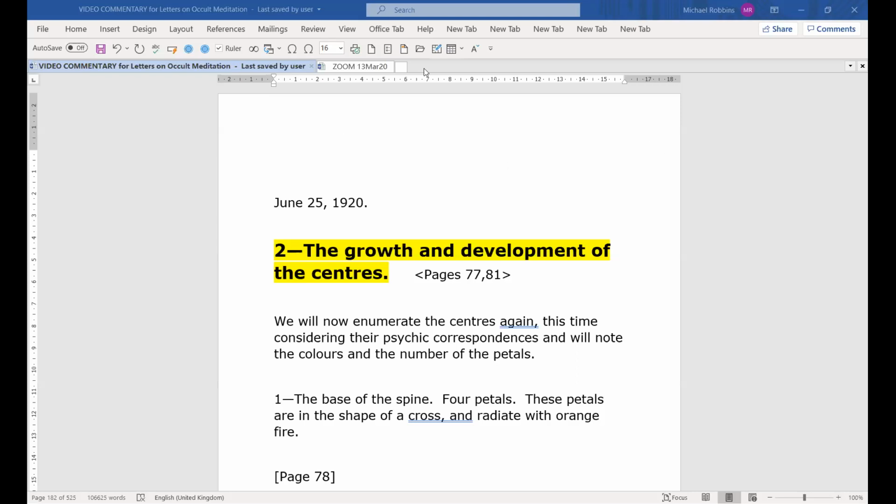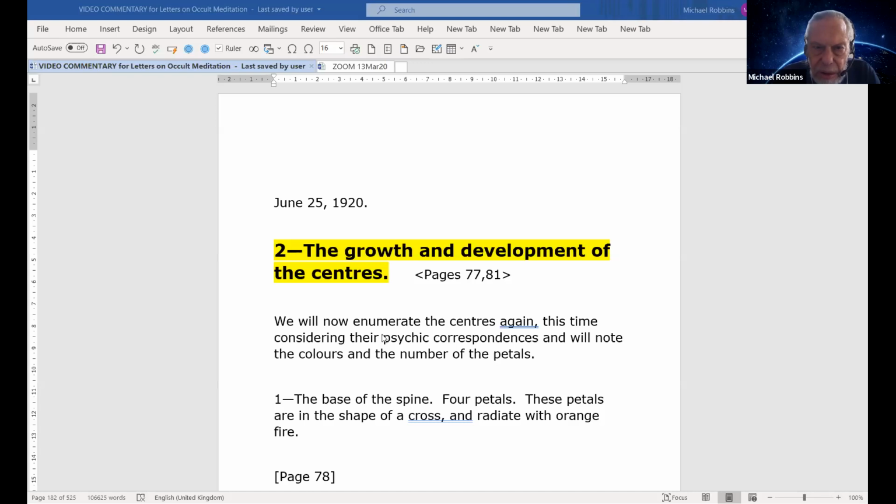So we will now enumerate the centers again, this time considering their psychic correspondences, and we'll note the colors and the number of petals.